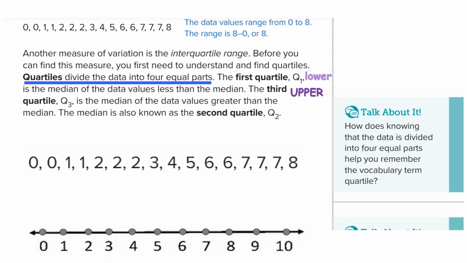Now, when I find the median and then I plot it, once again, I cross one off on the left, I cross one off on the right, and we go in pairings until we get to the middle. If it's an odd number in my data set, then the middle number is circled and I'm good to go. But such as this example in the book that they give you, you have an even number in the data set.